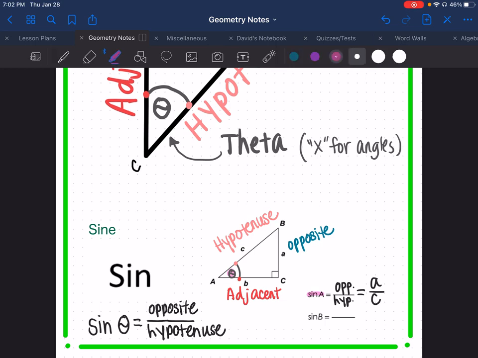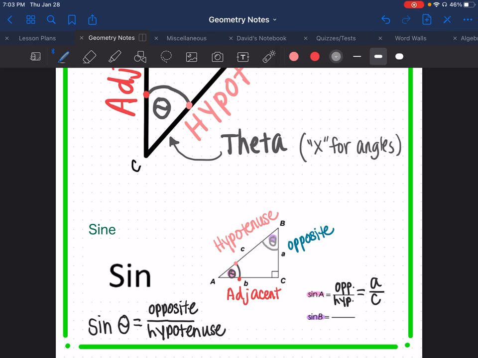Now, if I were to change that to B, notice now we're going to change this to angle B. Watch what changes. So now my theta is here.